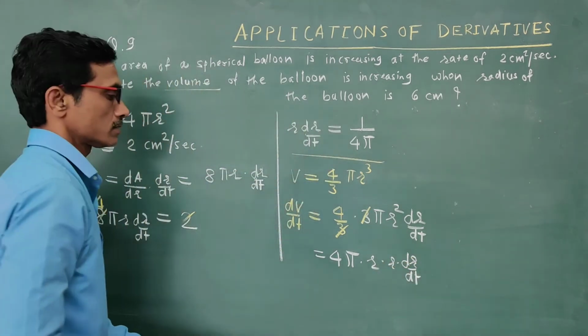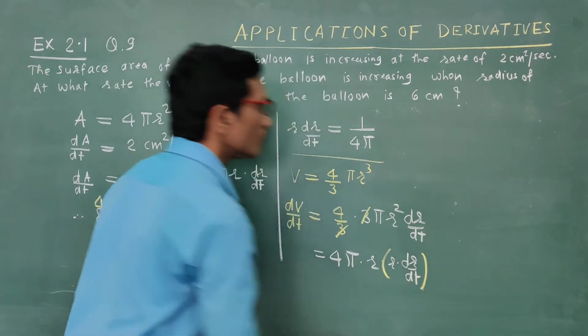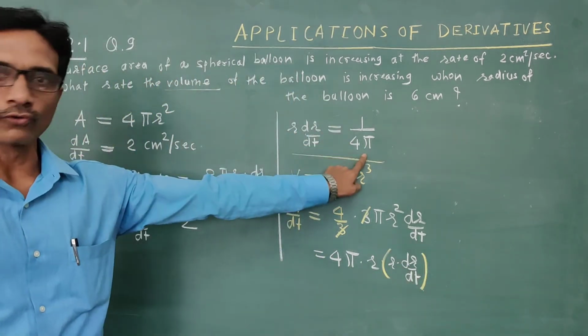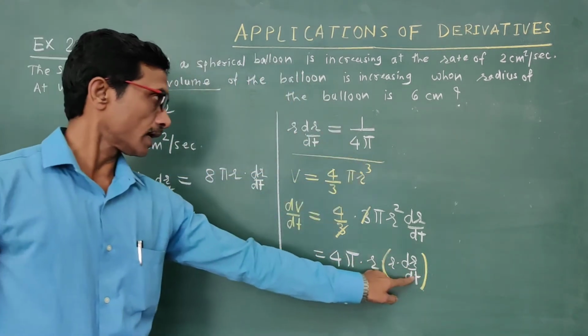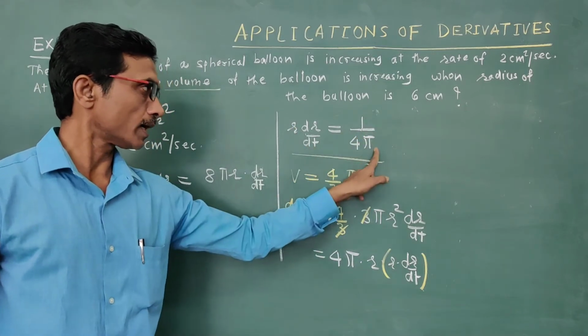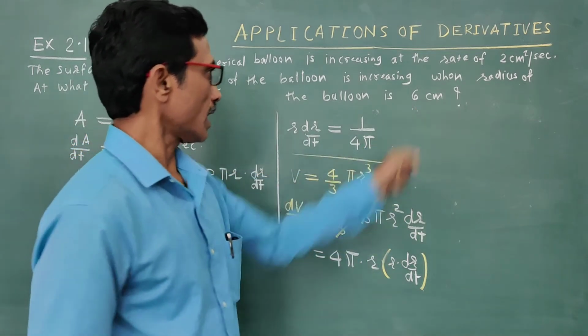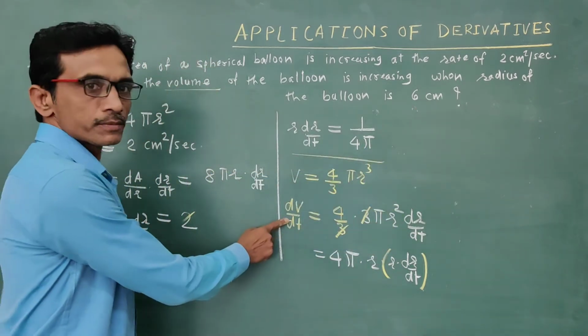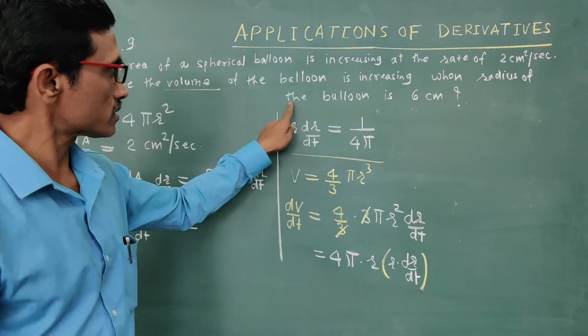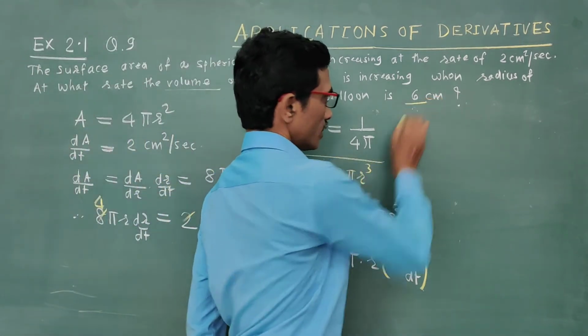Now because r into dr by dt is known to us, which is 1 upon 4 pi as we derived here, we find this rate of change of volume when the radius of the balloon is 6 centimeter.